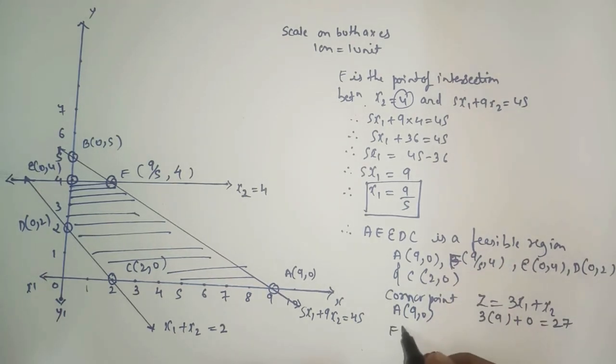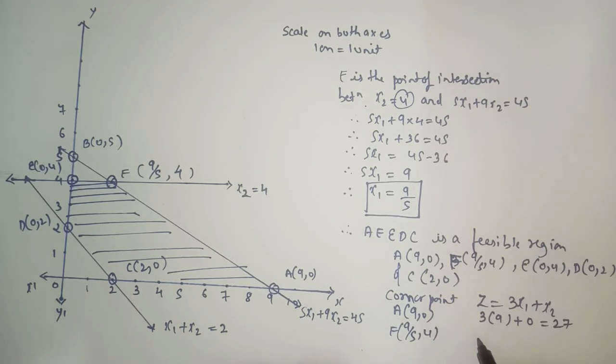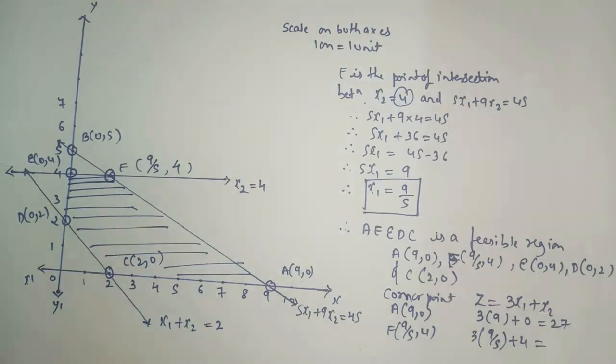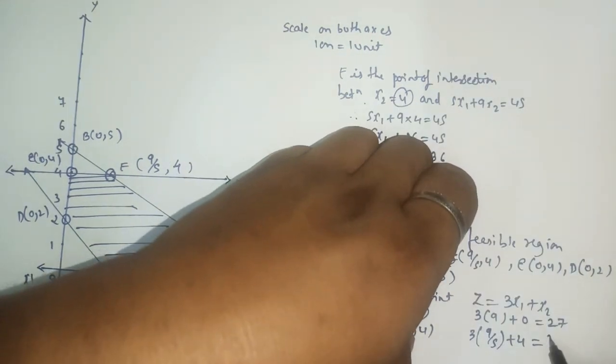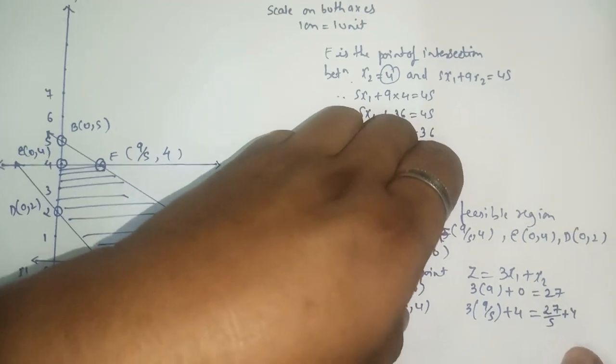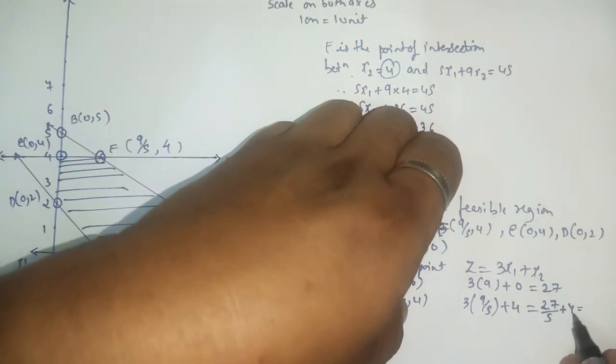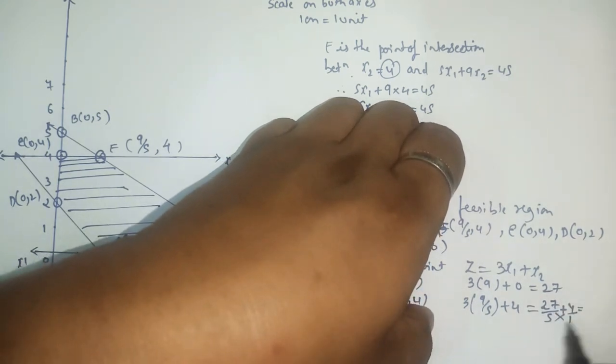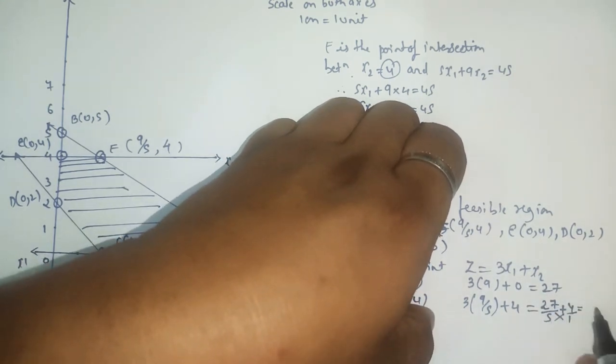The second point is 9 upon 5 comma 4. So 3 times 9 upon 5 plus x2, which is 4. So 3 nines are 27 upon 5 plus 4. When you solve this, cross multiplying, 5 fours are 20, so you will get 47 upon 5.